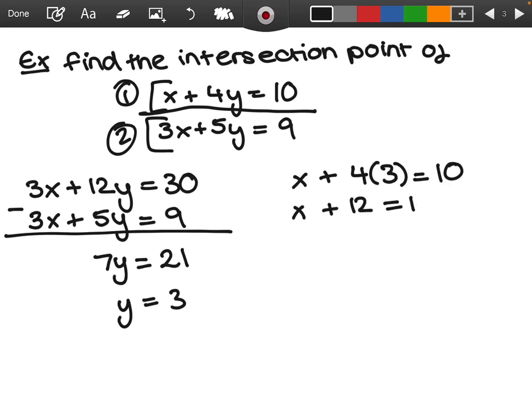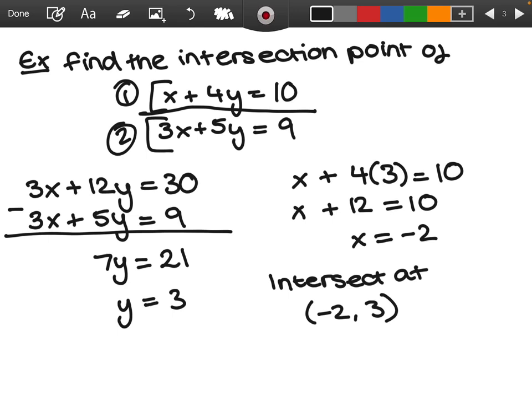So x plus 12 is equal to 10, subtract 12 from both sides, I get x is equal to negative 2. So my point of intersection is negative 2, 3. Okay.